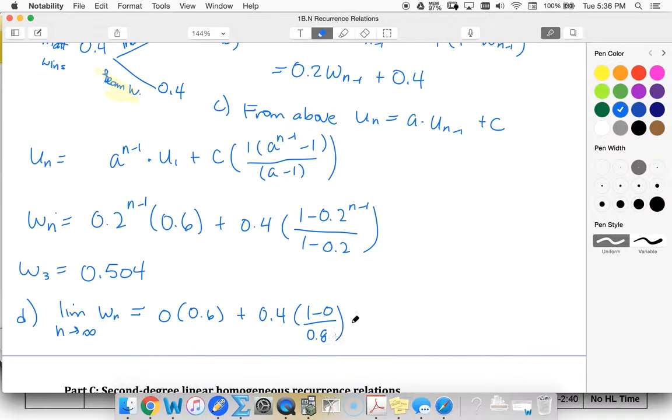So I'm going to end up with a half. The implication is that even though the first player had an advantage, if you play enough games, it evens out, and both players have a 50% chance of winning.